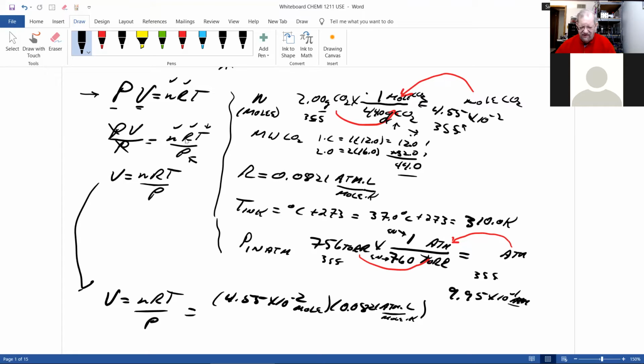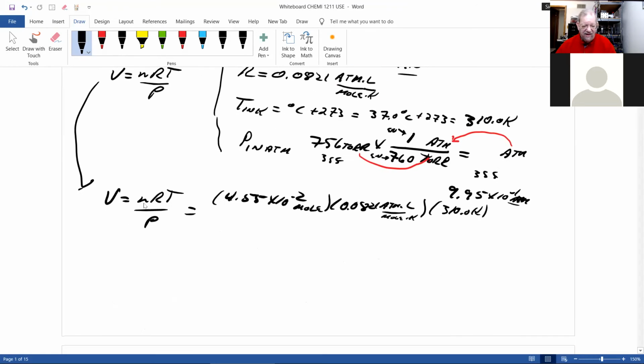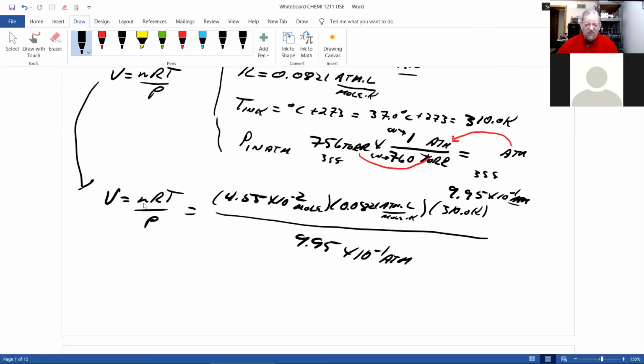And temperature, and finally pressure. And before I go ahead, notice if we forget about the numbers, moles cancel out moles, Kelvin cancels out Kelvin.